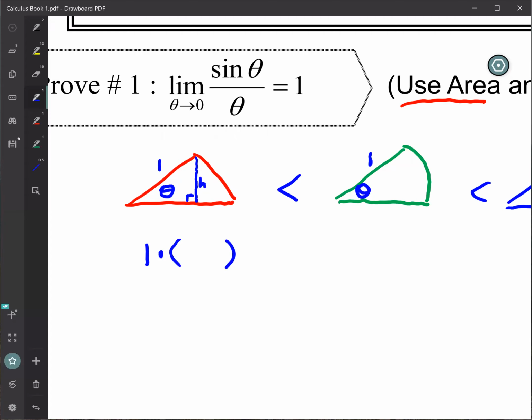Oh, crap. Any other way? Wait, so what do we have? We only have 1 there, on the hypotenuse, and we also have 1 for the whole thing, that's the base. And then we also have the angle theta. So how can we get the height?